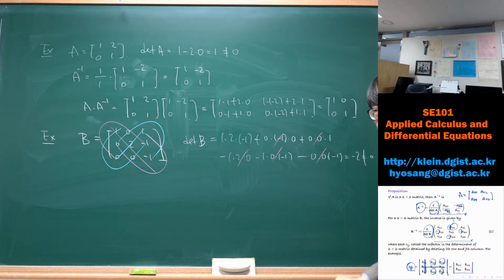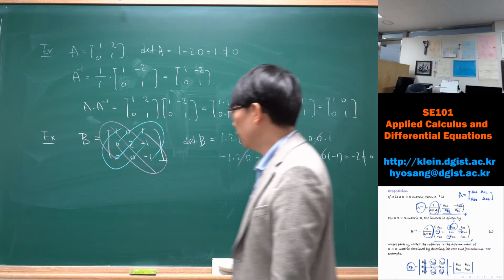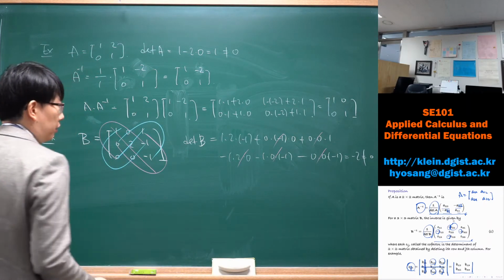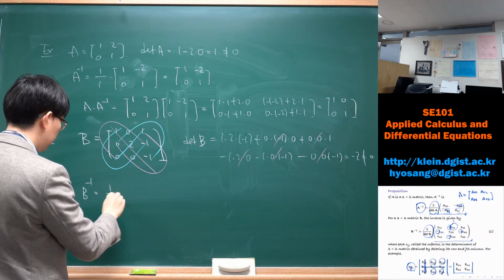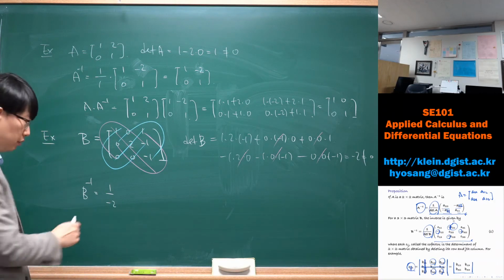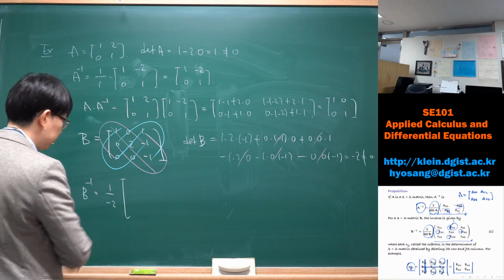The determinant is non-zero, which means there is an inverse of B. So let's find out the inverse. We have B inverse, and this is 1 over negative 2 of what?